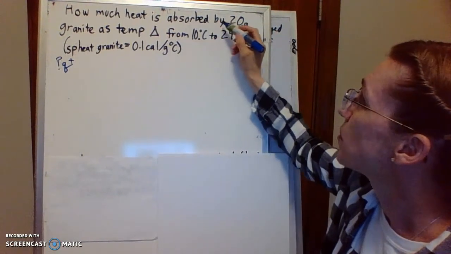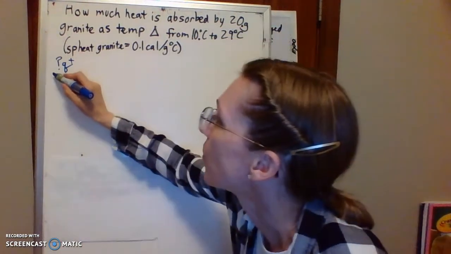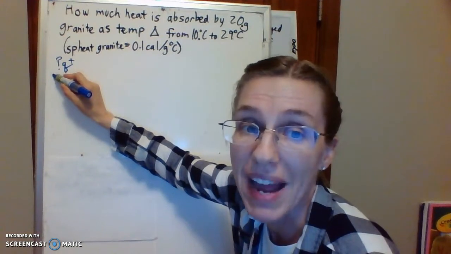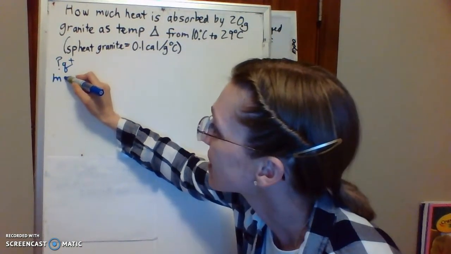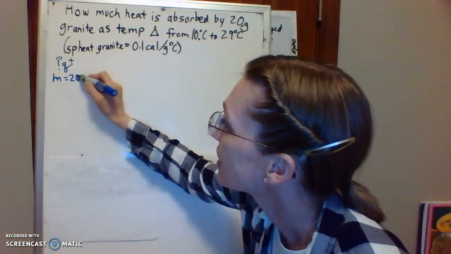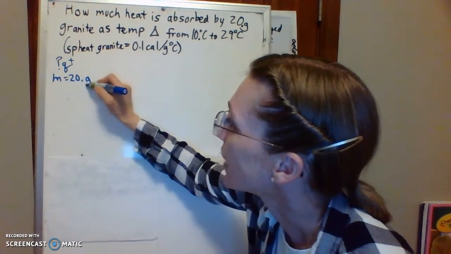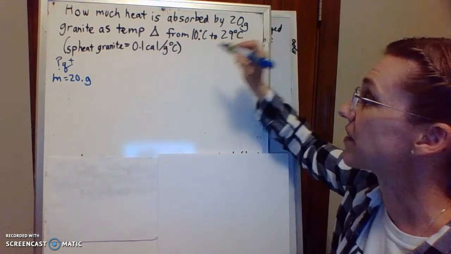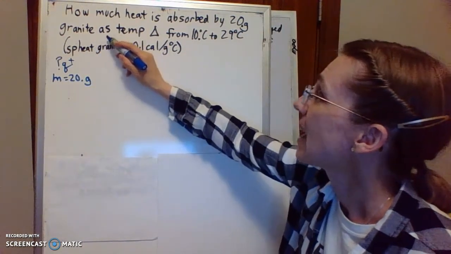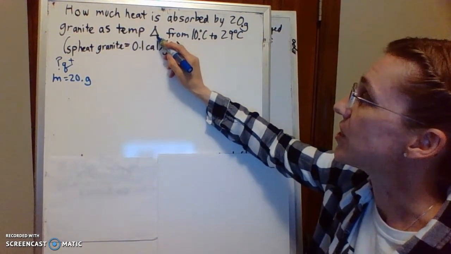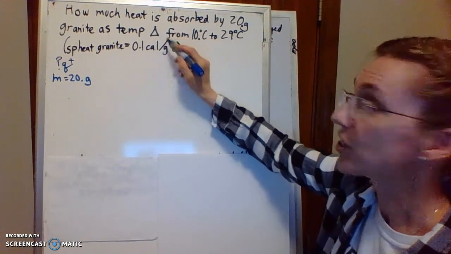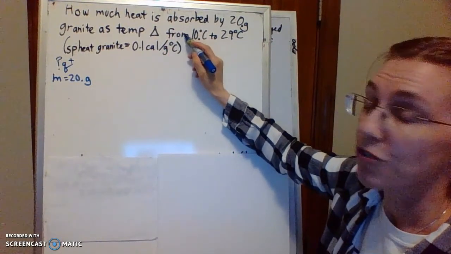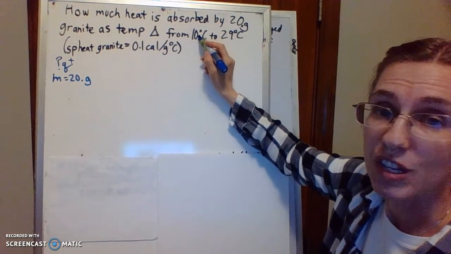And it is absorbed by 20 grams. So grams means that we've got mass. So the mass equals 20. grams. Don't forget the decimal point because we've got to watch significant figures. As the temperature changes, this delta just means change, from indicates that this is your initial temperature.